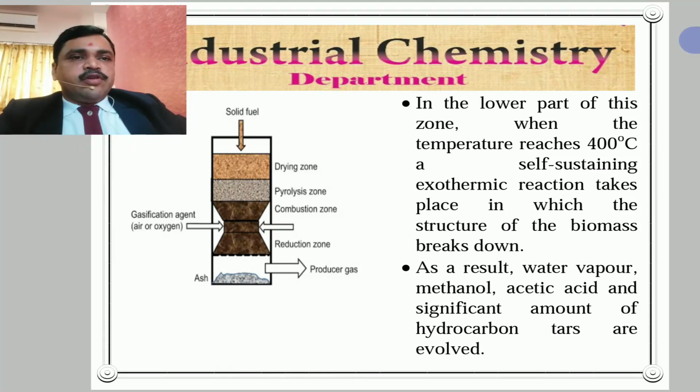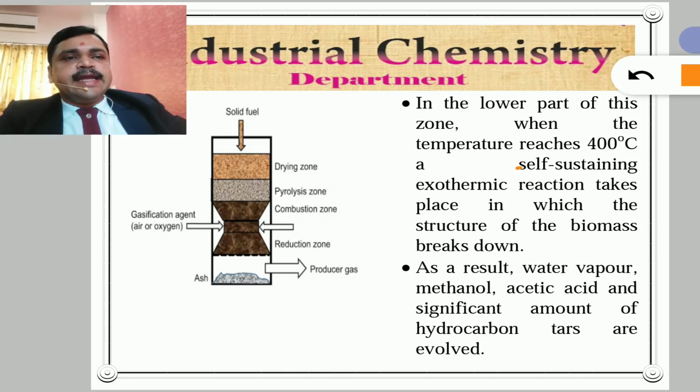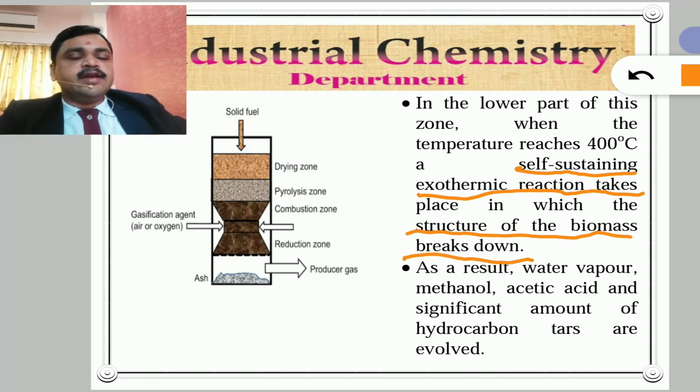Continuing with the second zone, in the lower part of this zone, when the temperature reaches 400 degrees Celsius, a self-sustaining exothermic reaction takes place in which the structure of biomass breaks down. At this temperature, through the exothermic reaction, the structure of biomass breaks down. That is the main reason for the breaking of biomass.